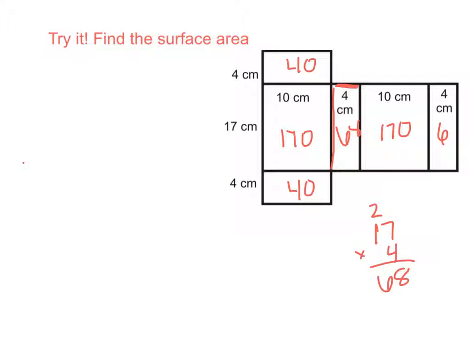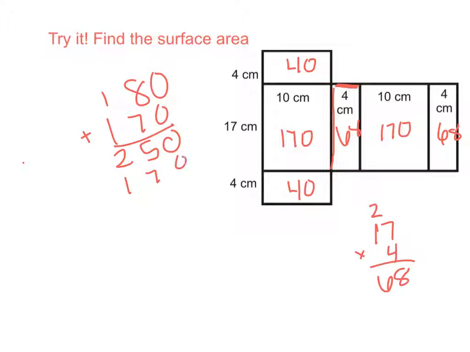Okay. So now I just need to add them together. 40 plus 40 is going to give me 80. Plus 170. I'm just adding these. 250 plus another 170. 420 plus 68.